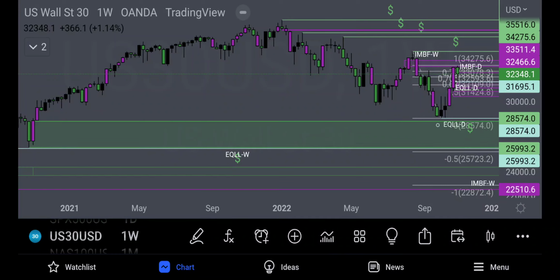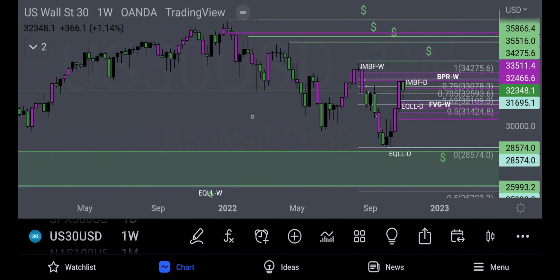So we could at least come down to this demand level here before we see the market start to push up as a whole, right, to start tackling the buy side liquidity, as well as us making an effort for all new all-time highs.